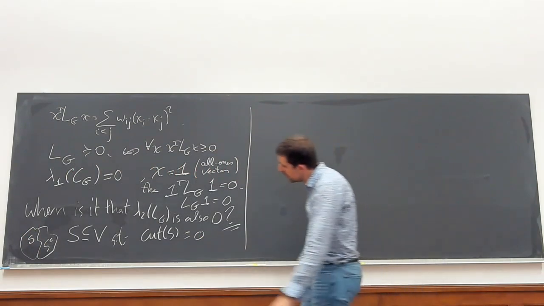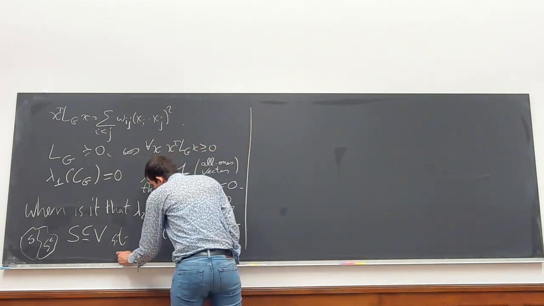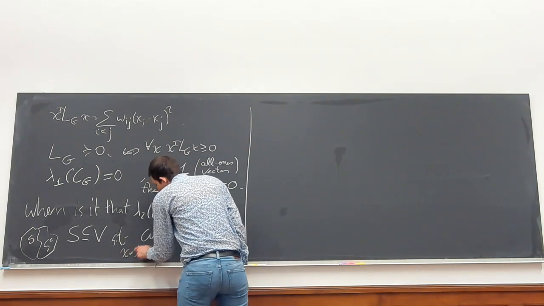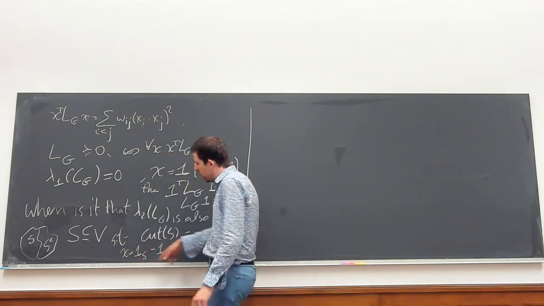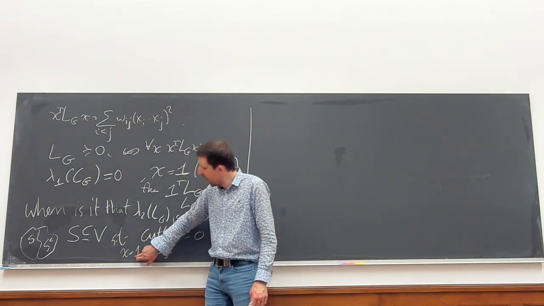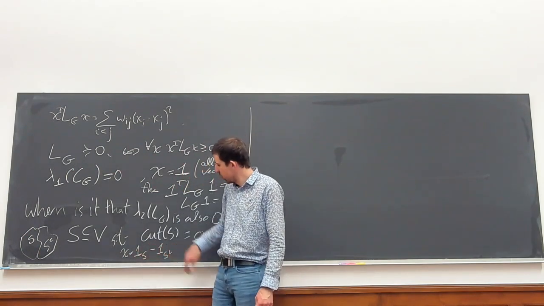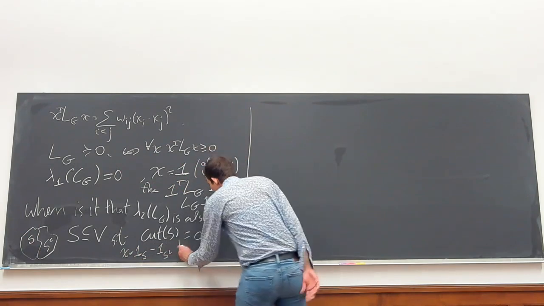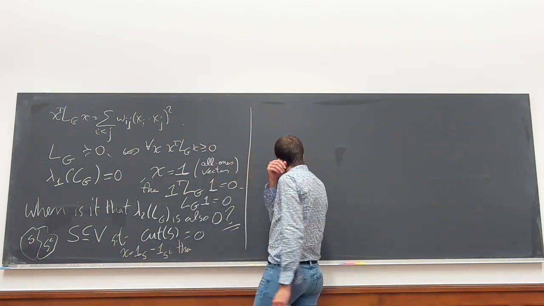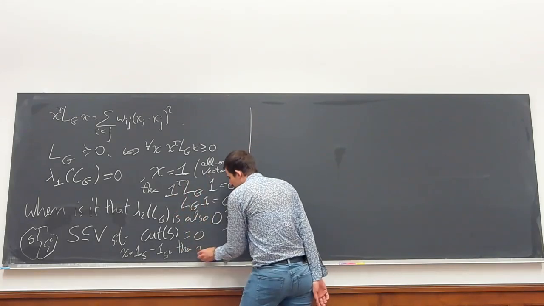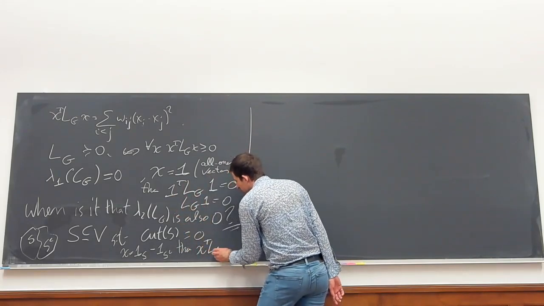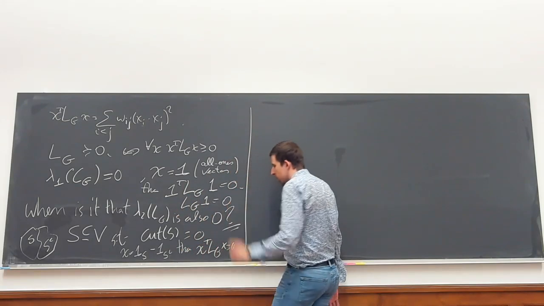And what this would mean is that if I take x to be 1_S minus 1_{S^c}, so I take the value 1 in S and the value minus 1 outside of S, then because of the relation between the quadratic form and the cut, we get that x transpose L_G x is 0.